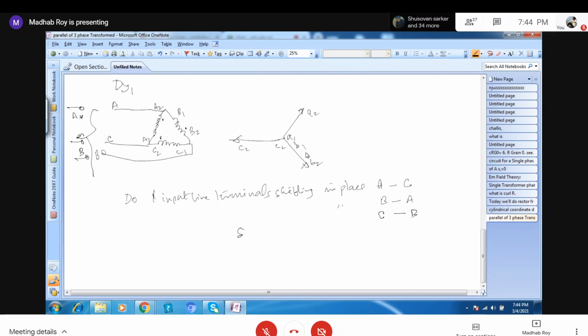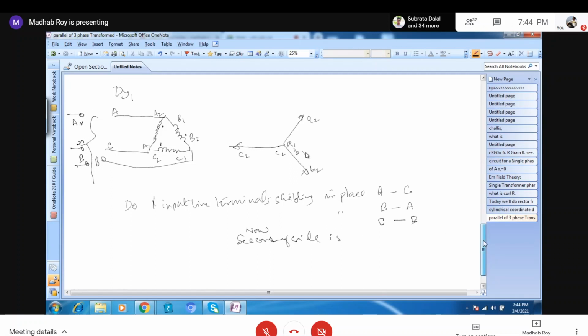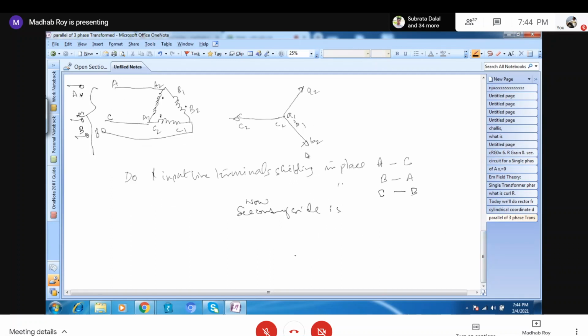So the secondary side is like this. Now what will be this one? If we change these lines, can we say this one will be C1, C2? Because instead of A, we have connected the C line. Can we say that?